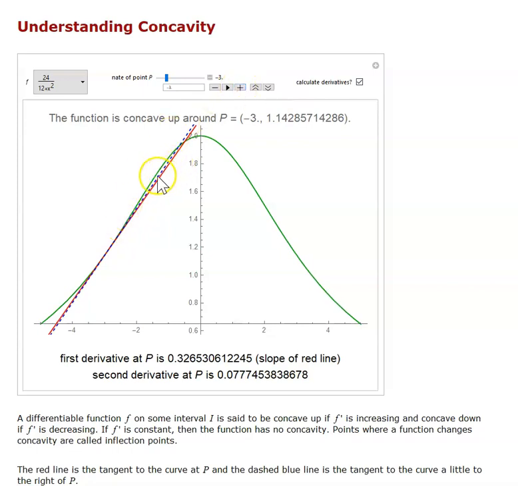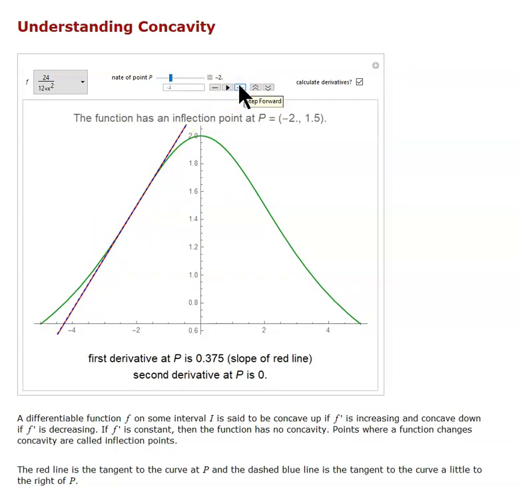Notice that we still have that increasing first derivative, so second derivative still positive, still concave up. Now, notice that those line segments lie precisely on each other. And notice the second derivative is 0, and the first derivative is 0.375. So let's back up to -5.